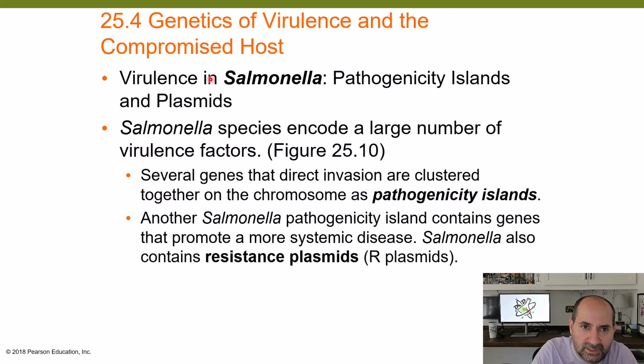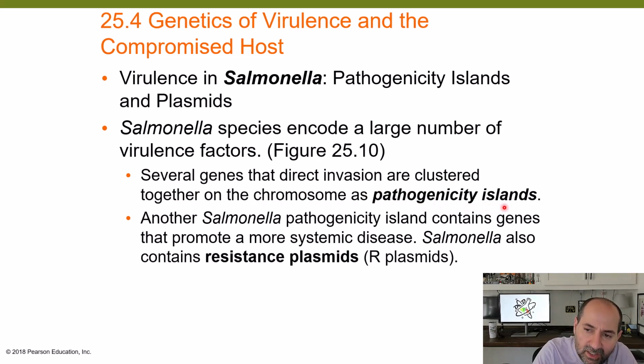Now let's take a look at the virulence of Salmonella. Salmonella is known as a highly virulent or pathogenic organism. And we can see that it has a number of virulence factors, which we'll look at on the next slide here. Several genes that direct invasion are clustered together on the chromosome at what are called pathogenicity islands.